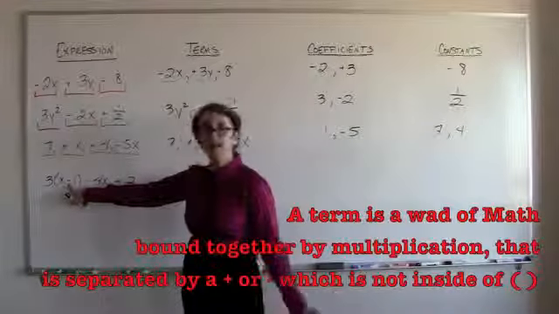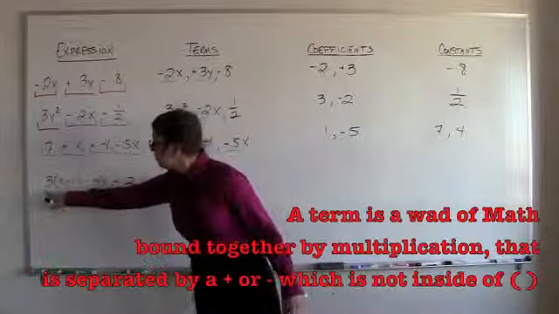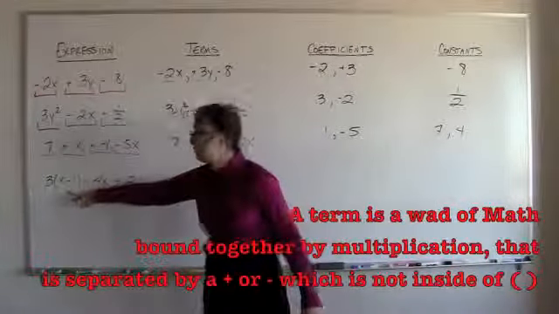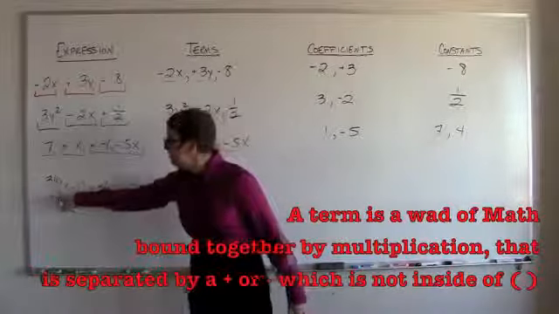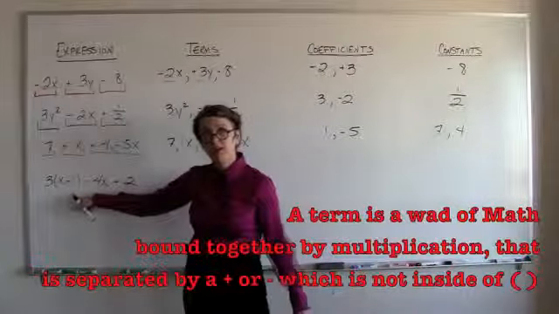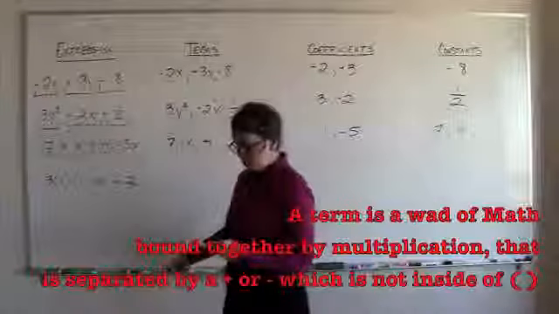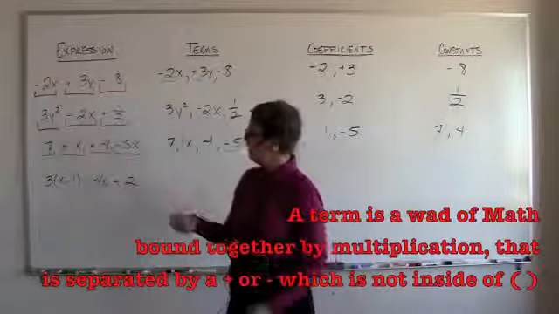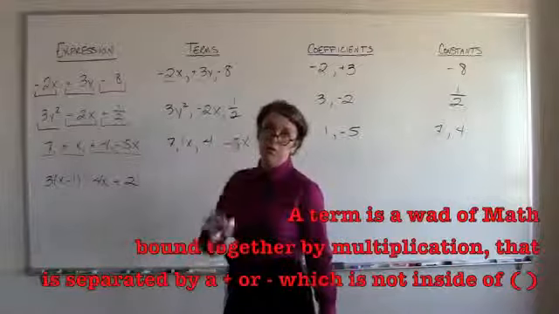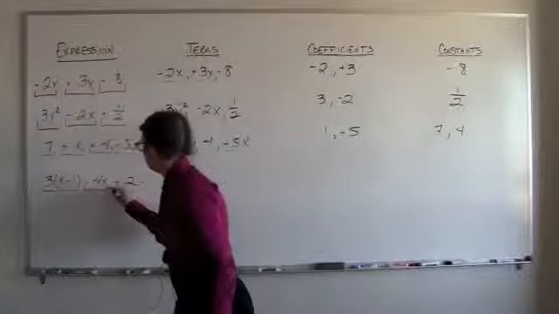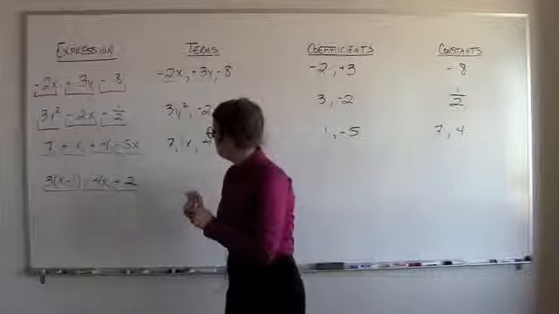This minus sign is inside the parentheses. So what that means is because this whole thing is bound up in times by this 3 stuck onto these parentheses right here, that whole stinking thing is a term. So in this math problem right here, this expression, we've got 3 terms. This great big term and these other 2 terms which you're already familiar with.